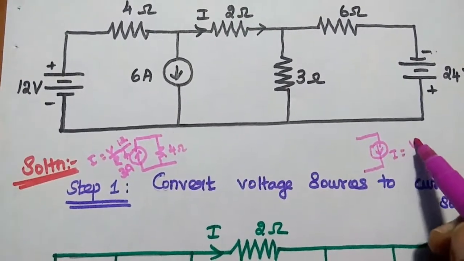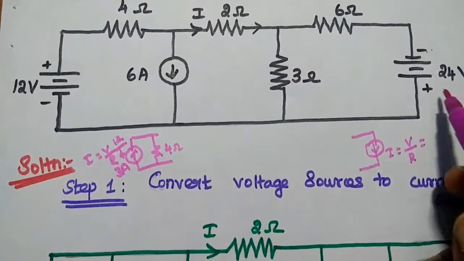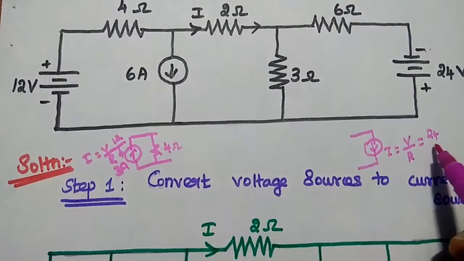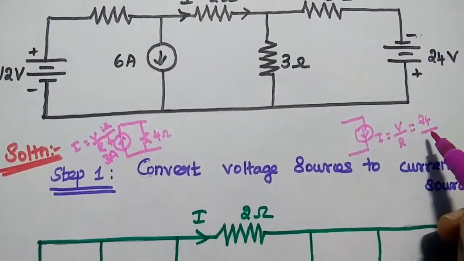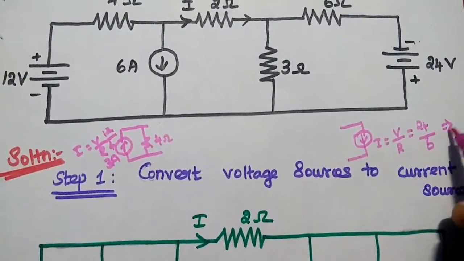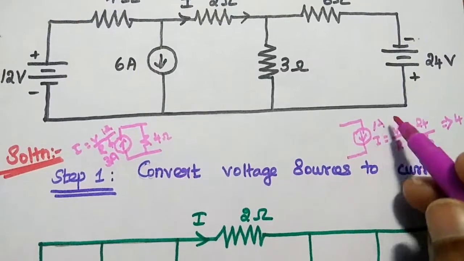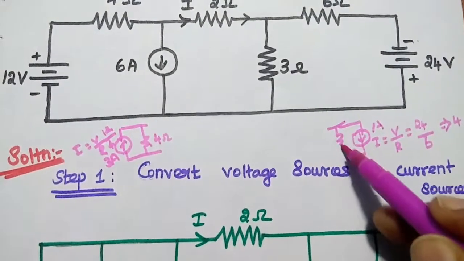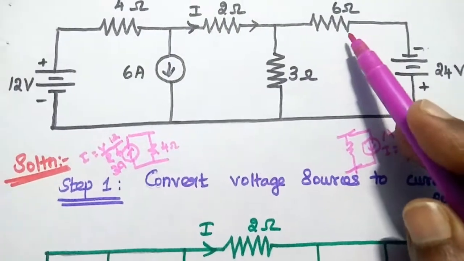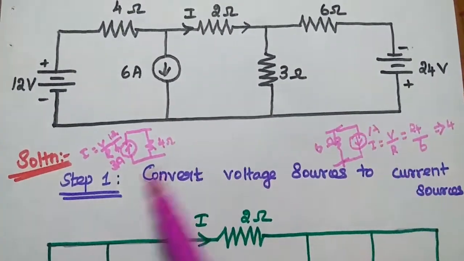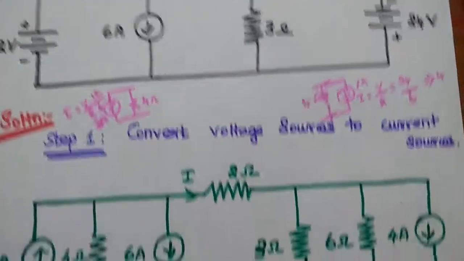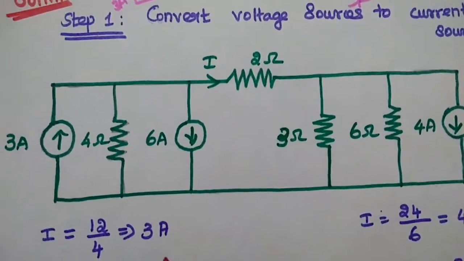Here I is equal to what? V by R. What is the value of V? It is 24 divided by R, which is 6. So 24 by 6 is equal to 4 amps. And then the parallel resistor is nothing but the same resistor here. It is 6 ohm. In between we are having one current source. That is the first step.